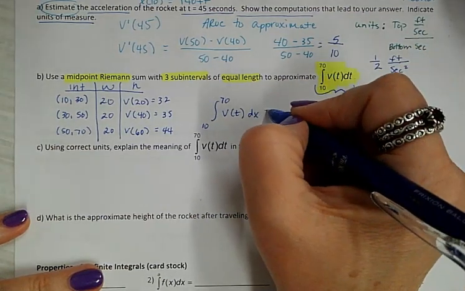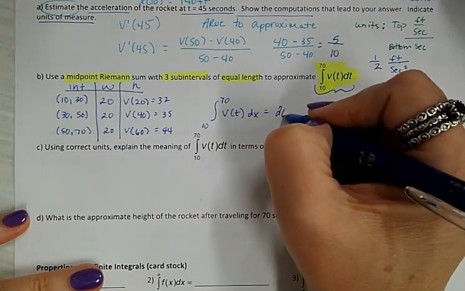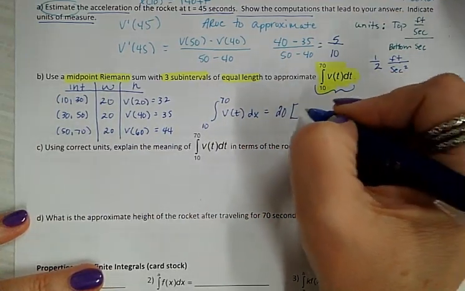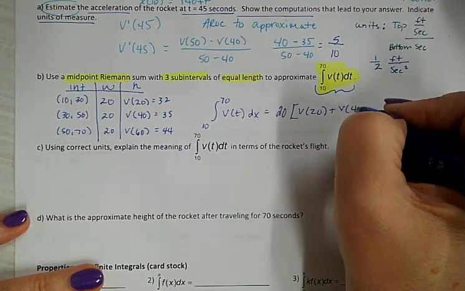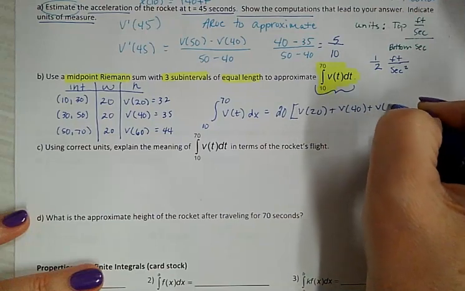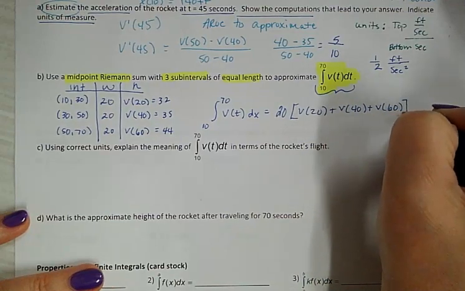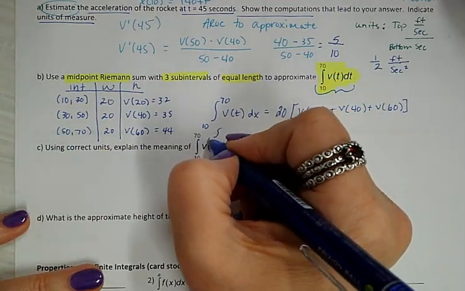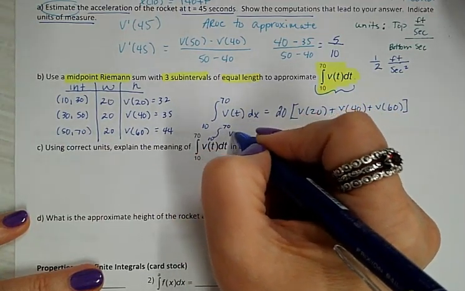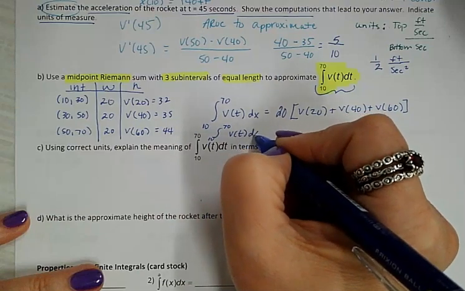It has a common width, so I can pull that out. And then I'm going to have 20 times v of 20 plus v of 40 plus v of 60.